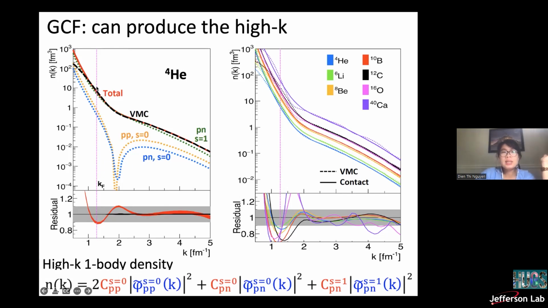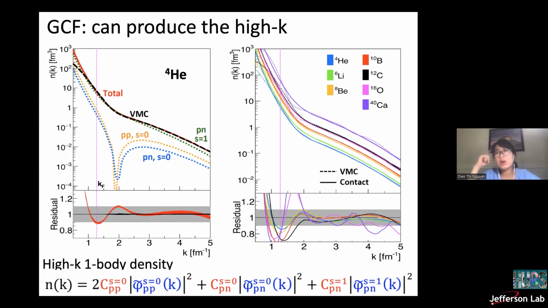You can see that at the high momentum tail here, they agree with each other very well. And this comparison can also be repeated with many different nuclei. You can see that using the contact term and using the VMC for different nuclei, they have pretty good agreement.